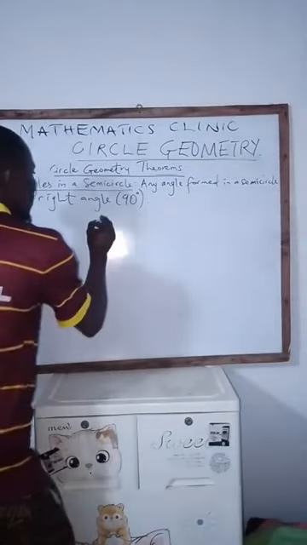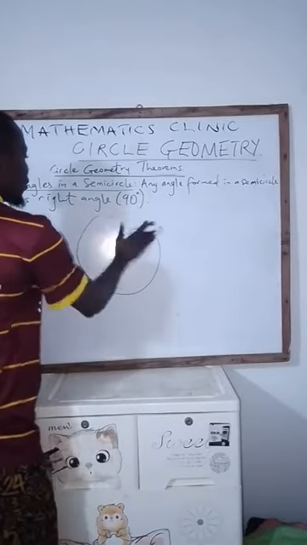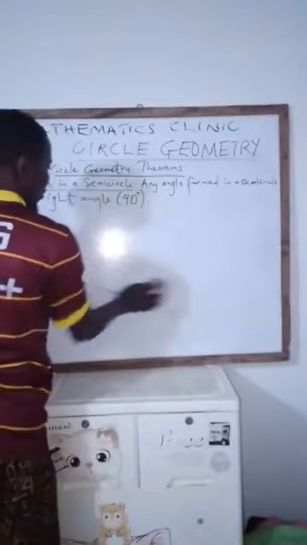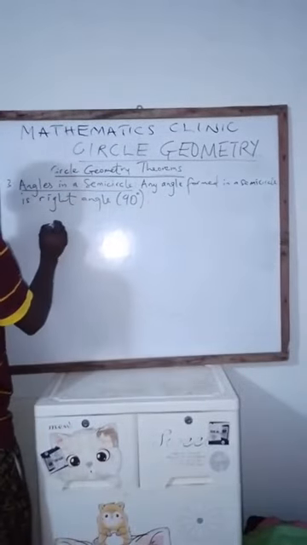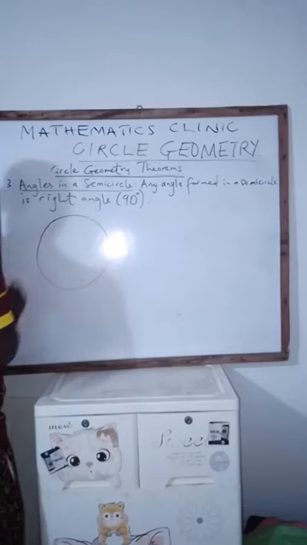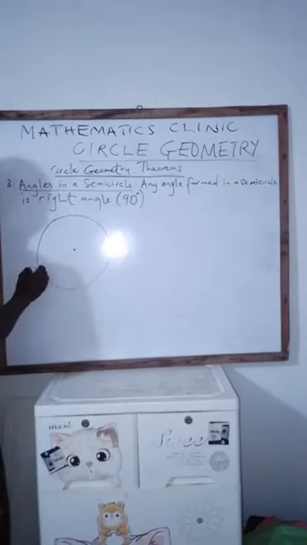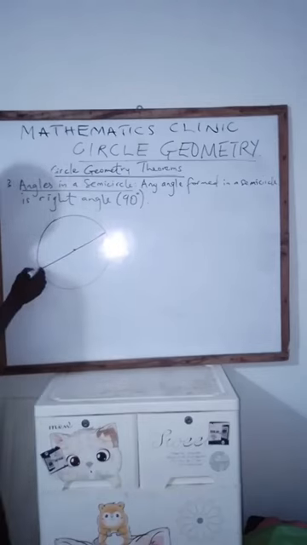What does it mean? It means if I have a circle, then this is the center. Then I have this.